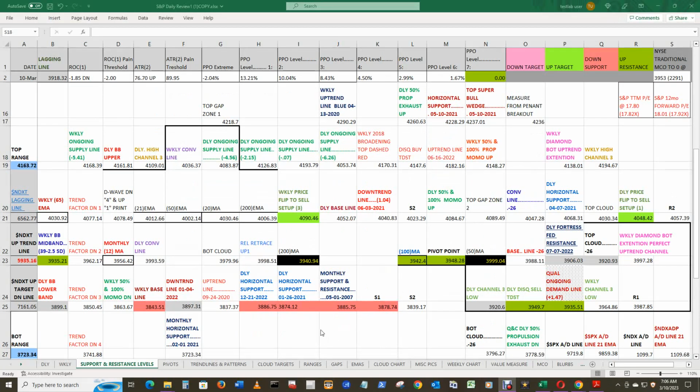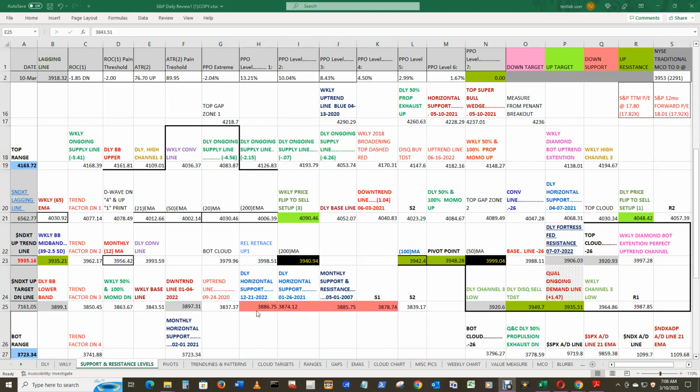So to the downside, you would think would be pretty good support here at S1, the monthly support and resistance trend line going back to 5/1/2007. Daily horizontal support from 01/26/21 and another daily horizontal support more recently from 12/21/2022.